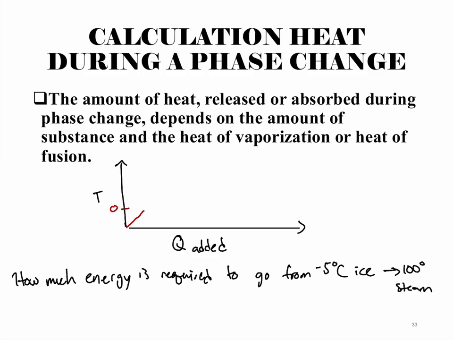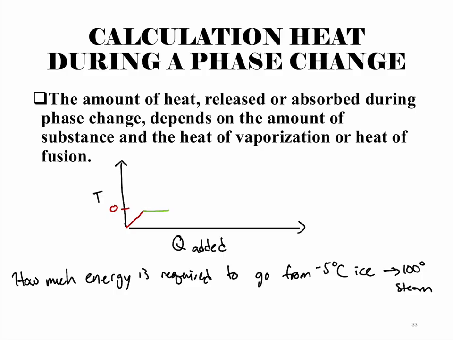So initially, we have to heat -5 degrees ice to 0 degrees, right? Because once we hit 0 degrees, we're at that special temperature. Then at that special temperature, all the energy is used to convert the ice into liquid water.